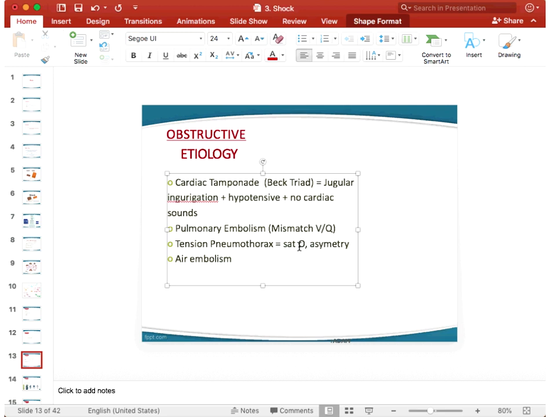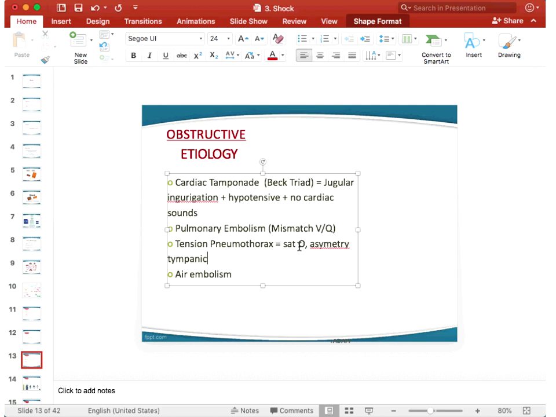And when you put your stethoscope on a tension pneumothorax, you cannot hear any breathing sounds on the affected side. Plus, if you percuss the affected side, you will hear it tympanic.